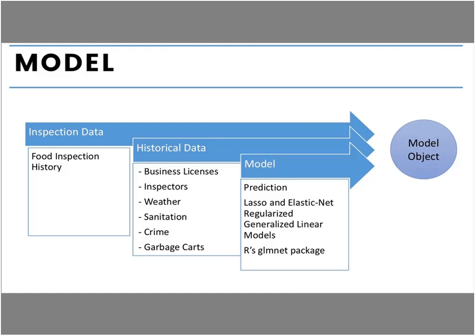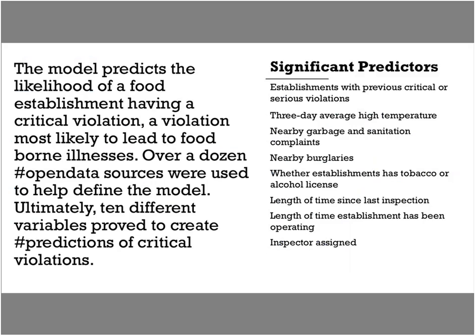Now, for food inspections, what we found as significant predictors was whether or not the establishment has had a previous critical or serious violation, the average 3-day high temperature before the inspection, nearby garbage and sanitation complaints, burglaries that happen nearby, whether or not the establishment has a tobacco or alcohol license, the length of time since we've last visited the restaurant, the length of time the restaurant has been open, and the actual inspector who did the inspection.